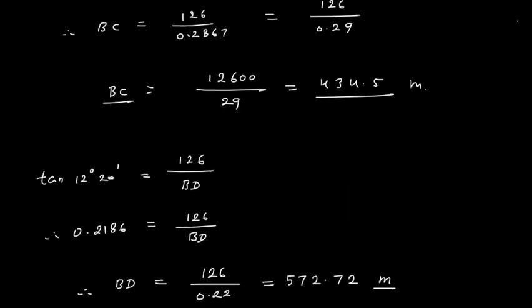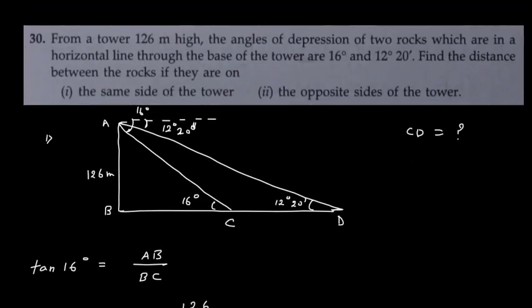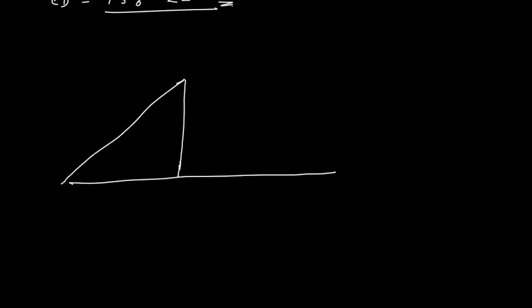Okay, now the next problem is that when these two rocks are on opposite sides and the height is 126 only. So I will draw a height of 126. Now this time the two rocks are on opposite sides. One rock is here and the other rock will be somewhere here.